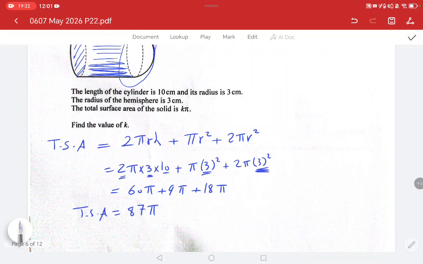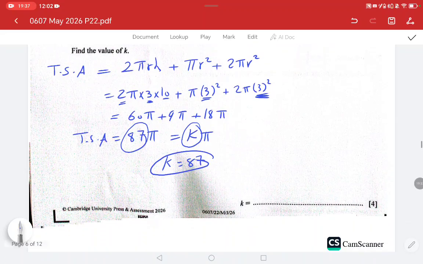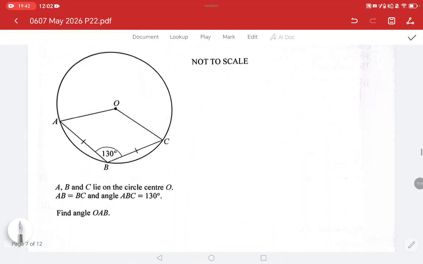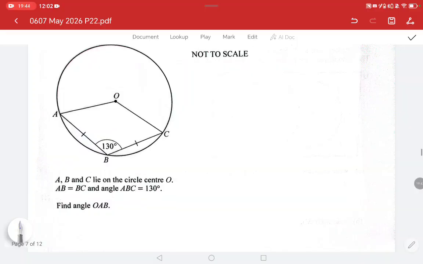They said that the total surface area of this solid is k pi. We compare between them, so k equals 87.